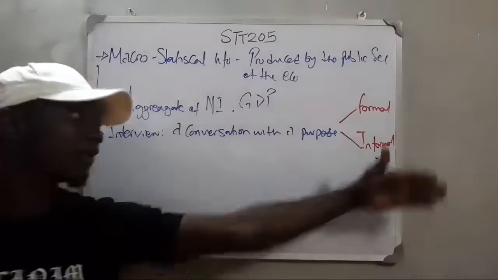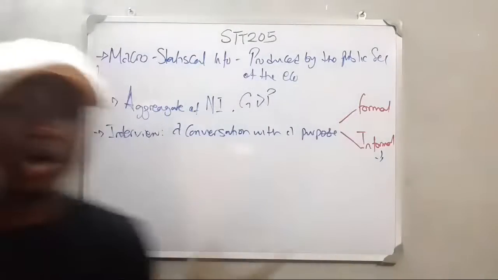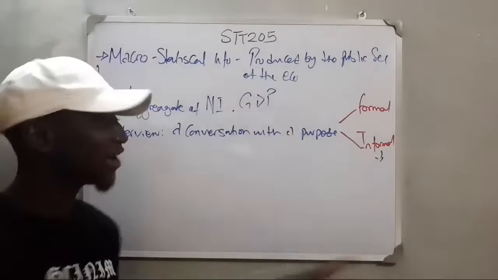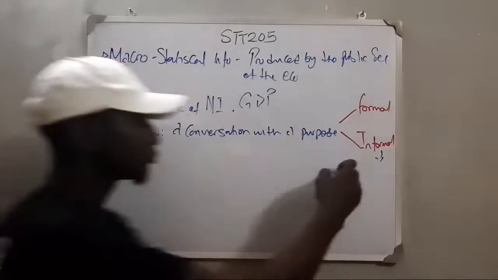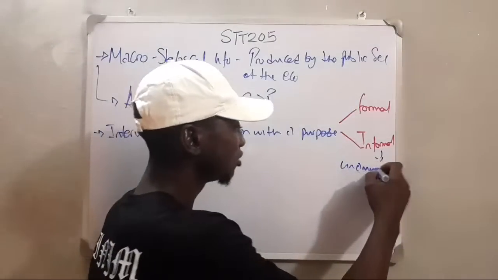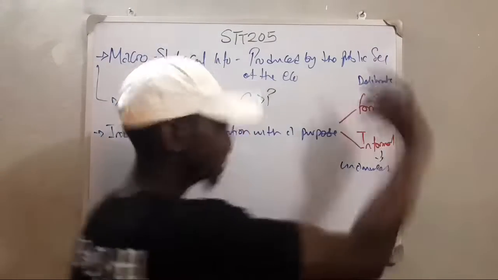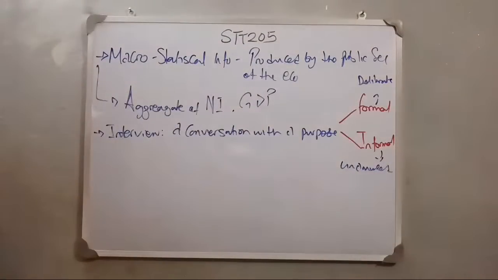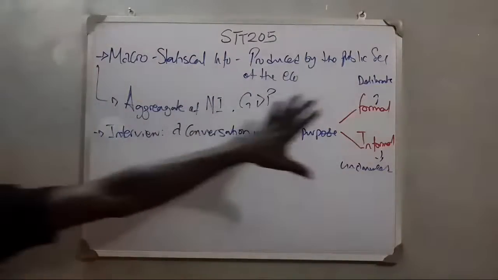It could be from a friend. When we talk about informal, we are simply referring to something that is not official, unannounced, unexpected. It just happens. But formal is deliberate. It's an arrangement, a deliberate thing, put into consideration.